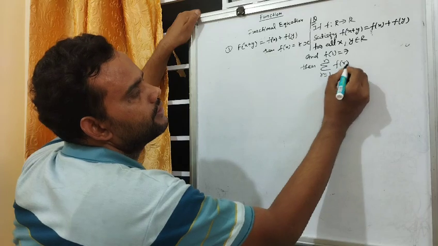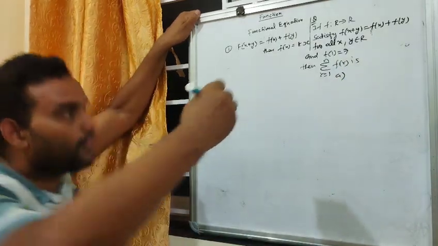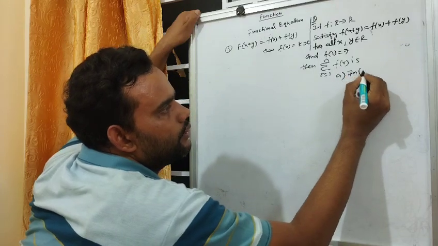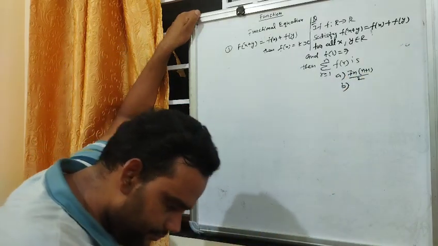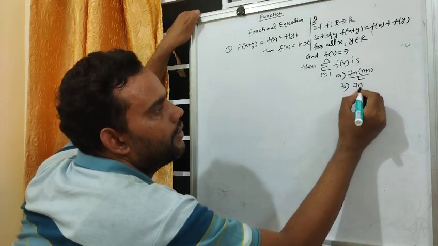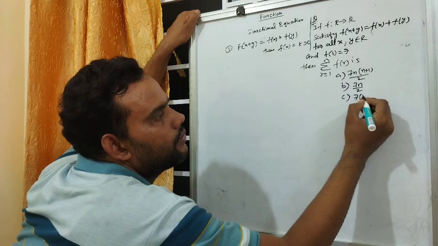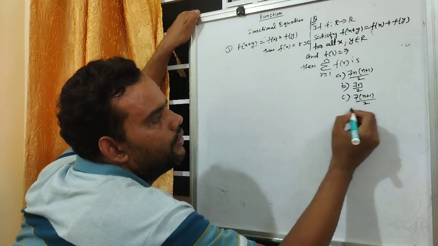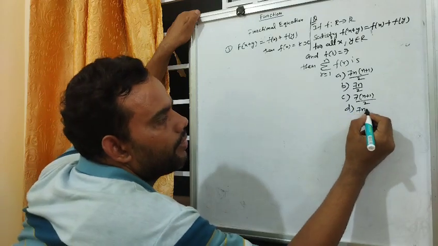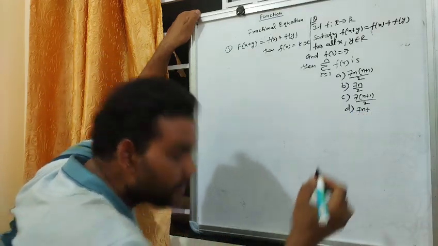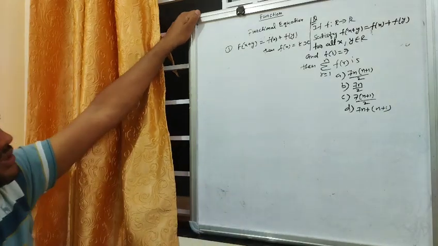The options are: A, 7n into n plus 1 by 2. Option B, 7n by 2. Option C, 7 into n plus 1 by 2. Option D, 7n plus n plus 1. So these many options are there.